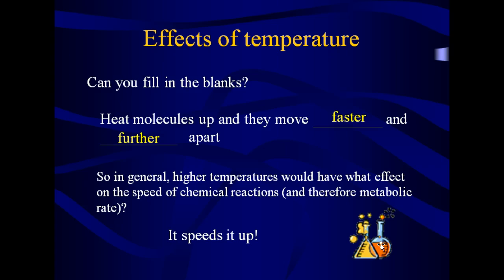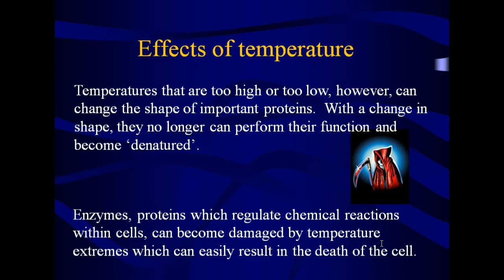So if you subject any kind of chemical reaction to higher temperatures, that's going to heat the molecules up that are reacting in that chemical reaction, and it's going to speed it up. So metabolic rate, which is a measure of all the chemical reactions having to do with energy in a cell or an individual organism, that tends to speed up as temperature goes up.